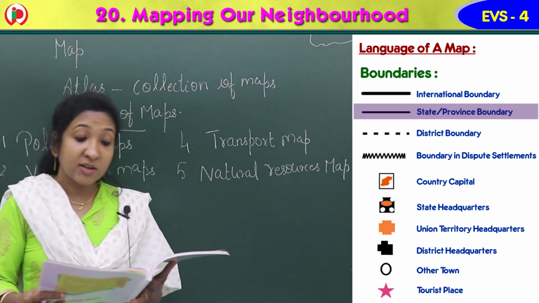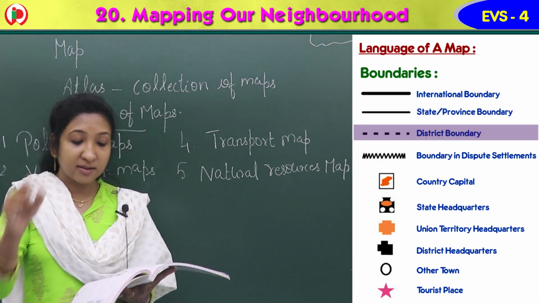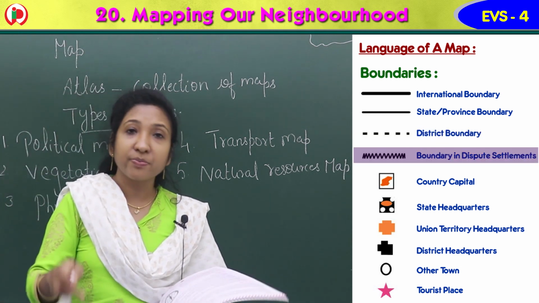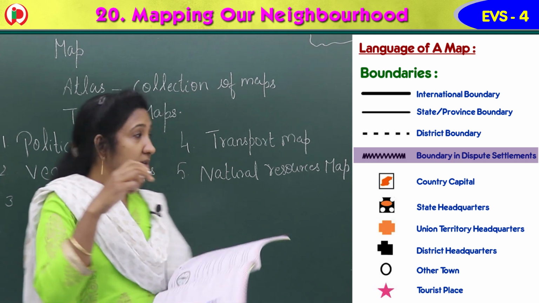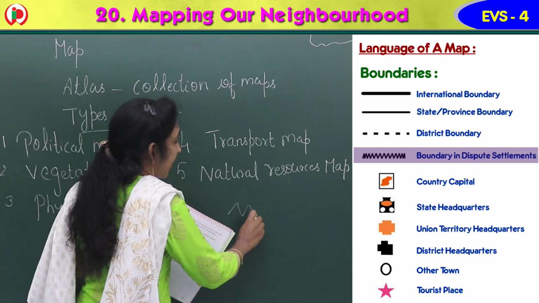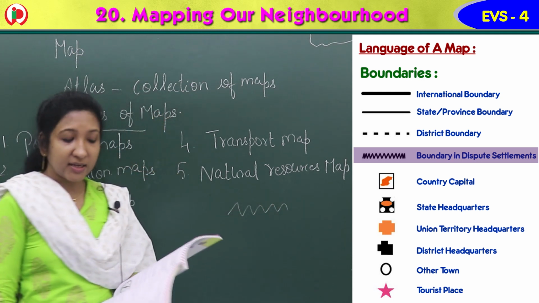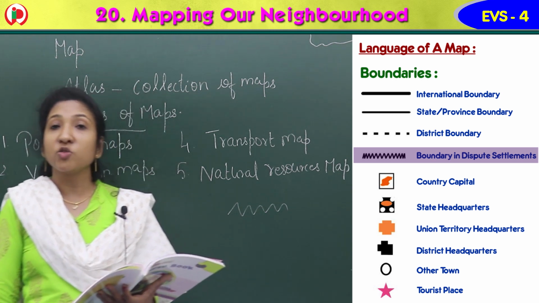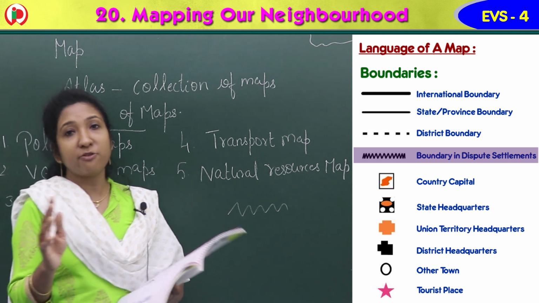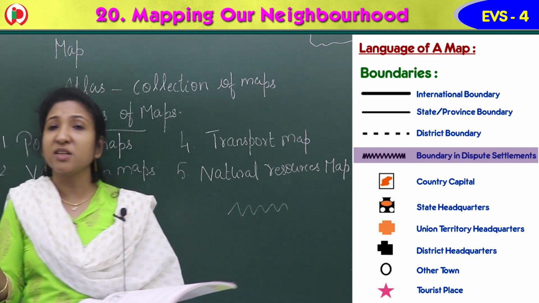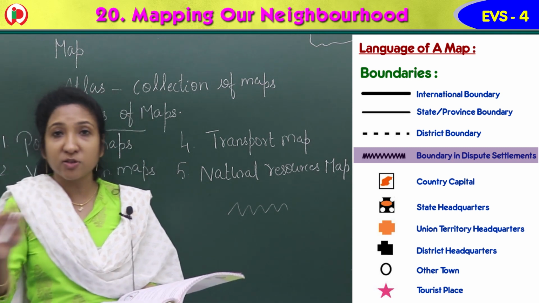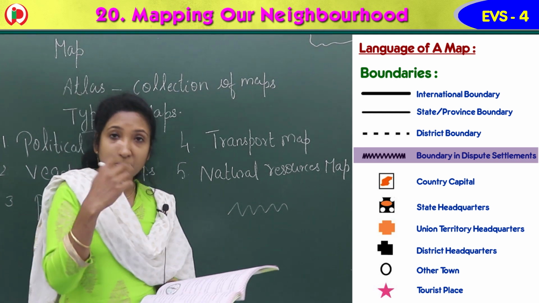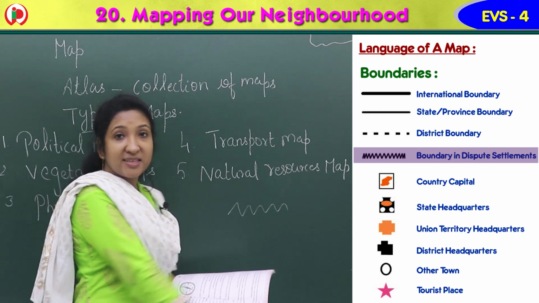Then district boundary, to show districts, dotted lines. Then boundary and dispute settlements, you can see the image there, it will be a curved shape. If there is any conflict or dispute among different countries, to represent that settlement they use this symbol.